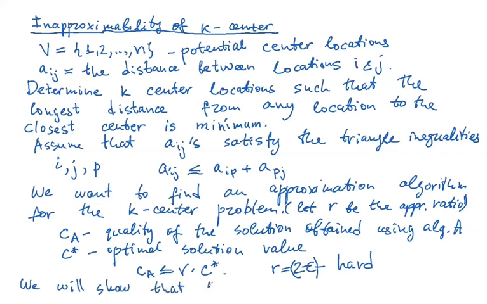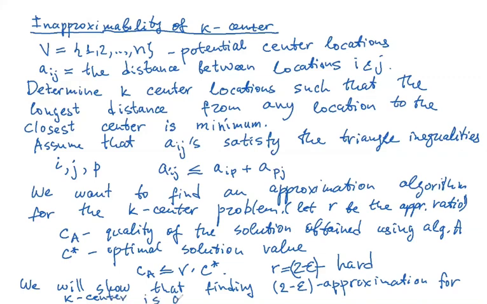Okay, so we will show that finding a 2 minus epsilon approximate solution for K center is actually an NP-hard problem.